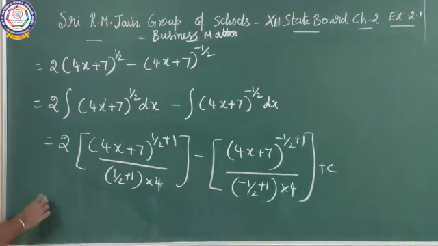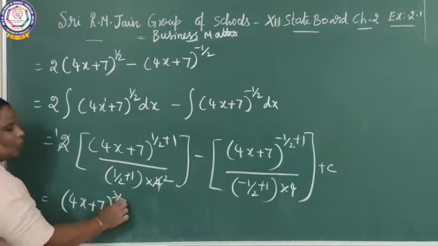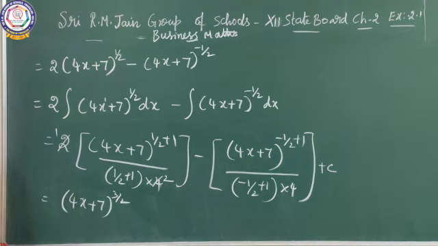See here, 2 1s are 2, 2 2s are 4. So (4x + 7) whole power 3 by 2, half plus 1, or you can take 2 as the LCM and do by 3 by 2 into 2.